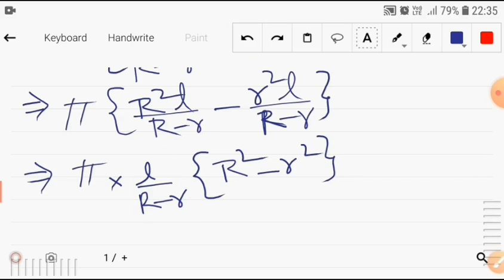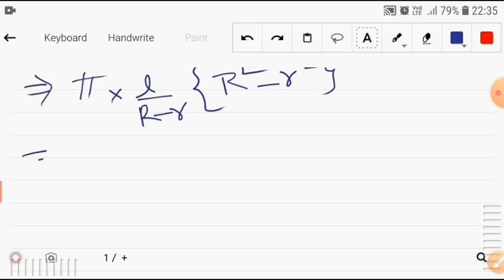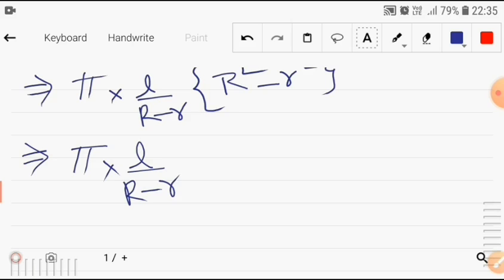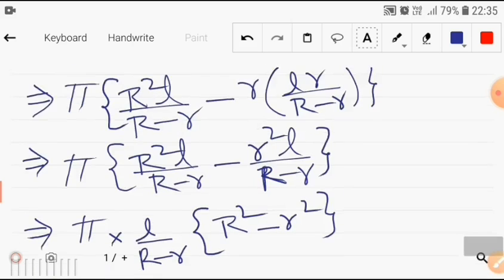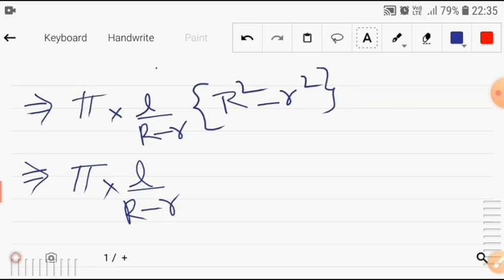Okay, now we'll write the next line, pi multiplied by l by R minus r. Now R square minus r square: the formula is there, a square minus b square is equal to a plus b, a minus b. So here you will apply the formula a square minus b square.